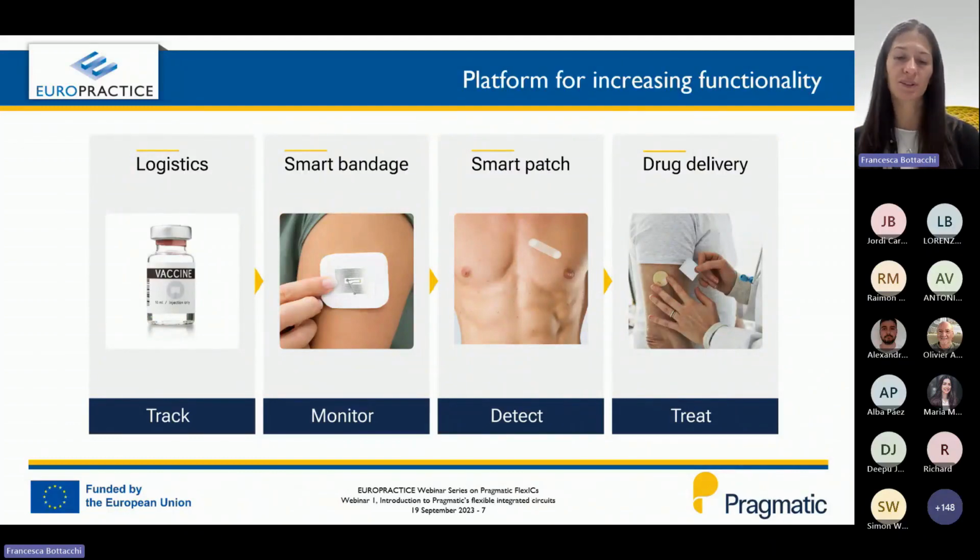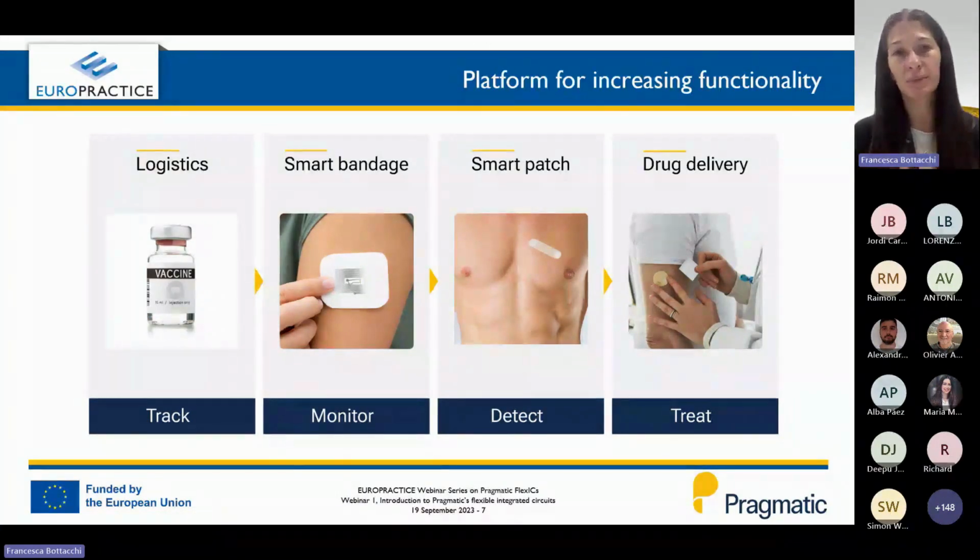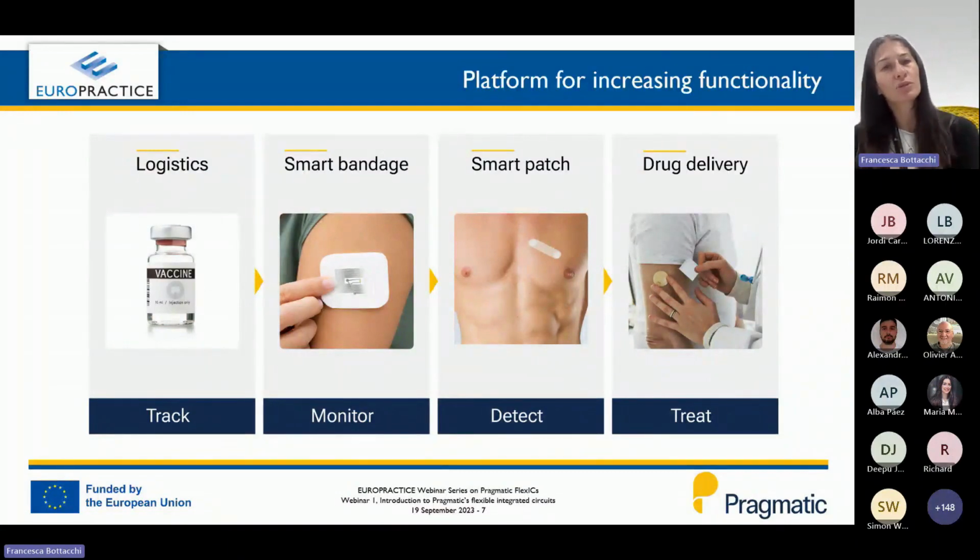For example, if the vaccine requires being stored at a certain temperature, you can make sure that the cold chain was maintained during transportation, and you can use it to enhance checks on the quality and on the expiry. Of course, you could do this also using conventional silicon, but the cost of it would not be sustainable for the hospitals and for the national system.